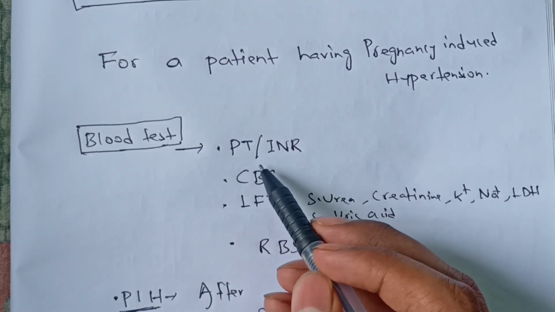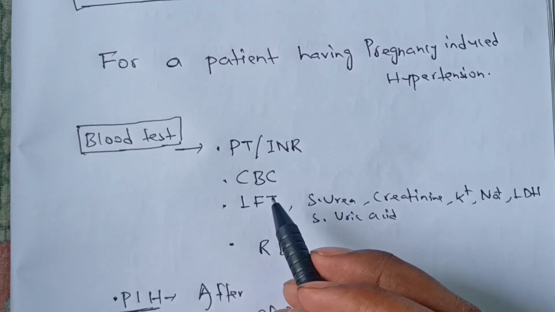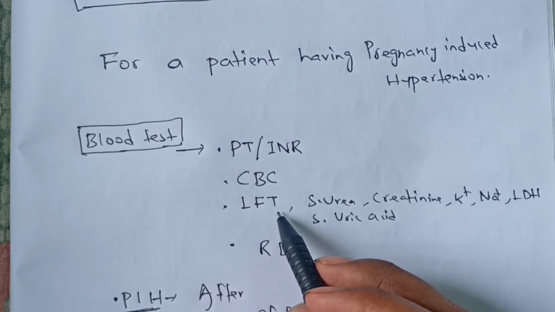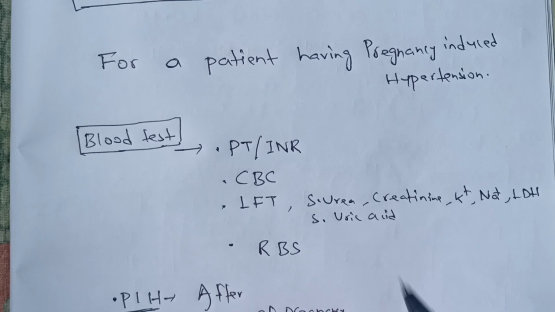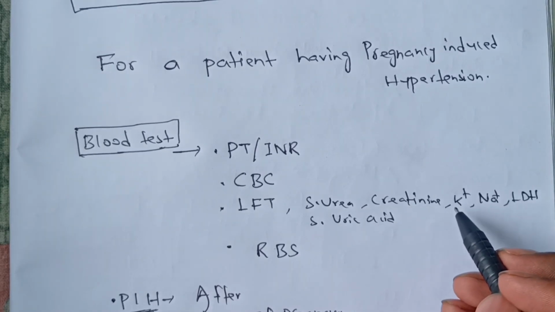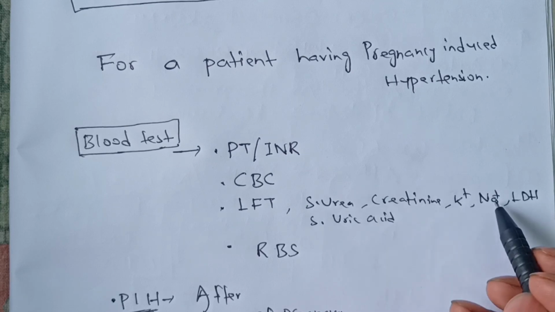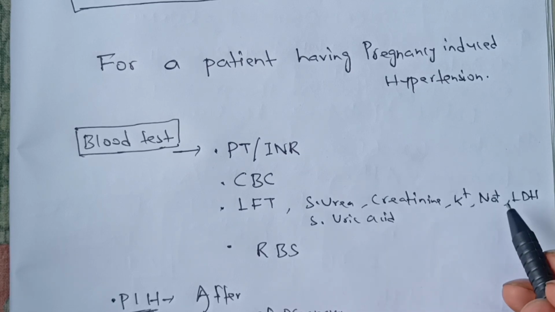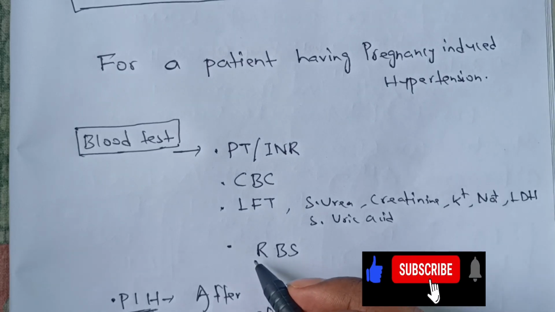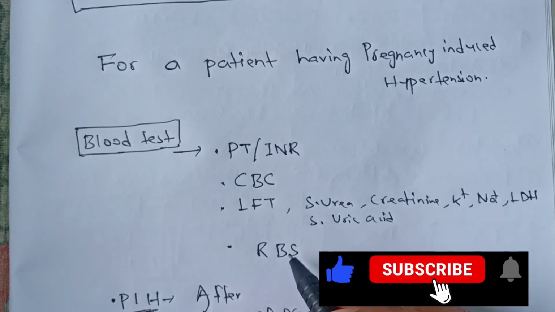Then complete blood count, CBC, then LFT or liver function test, serum urea, serum creatinine, serum sodium, serum potassium, LDH, serum uric acid, and the other is RBS, random blood sugar.